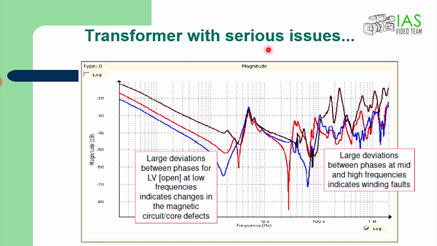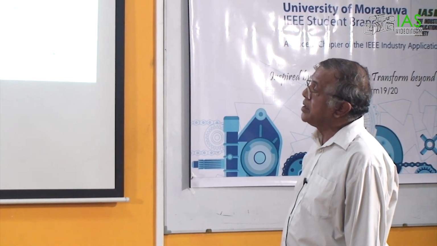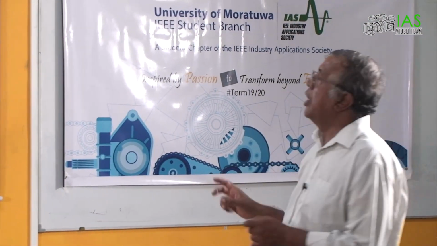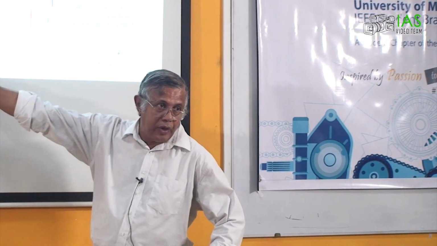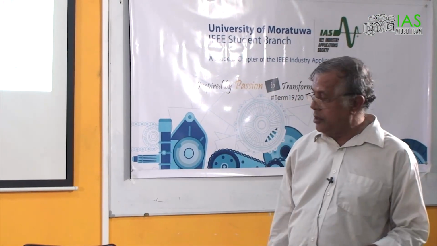At low frequencies, this part is low frequencies, this part is high frequencies, frequency versus the magnitude in dB. So if these deviations are there, it indicates changes in magnetic circuit, core defects. So if you have this sort of deviations in low frequencies, definitely that indicates the core defects.